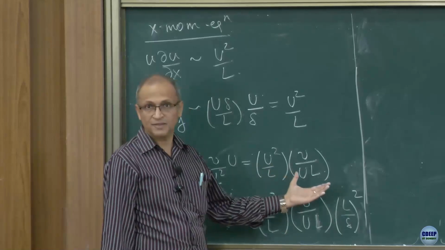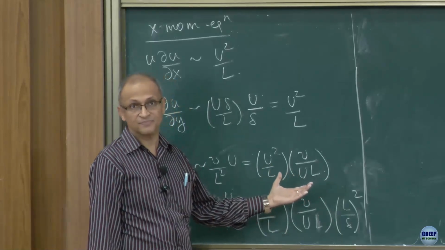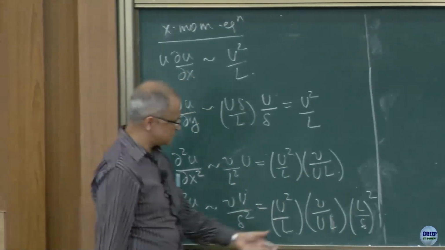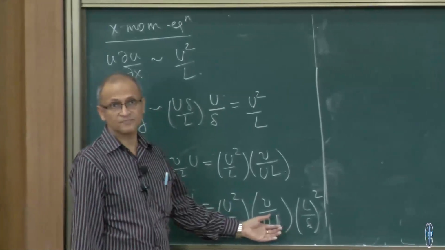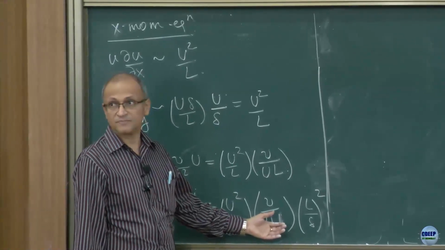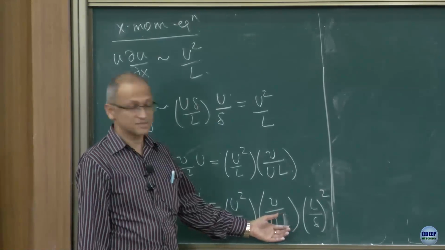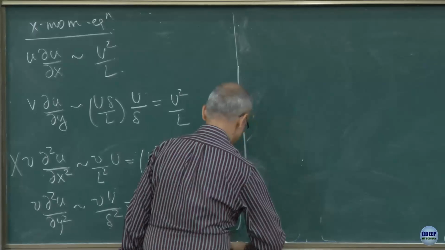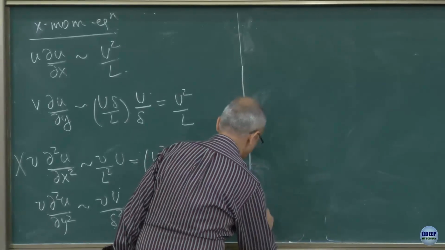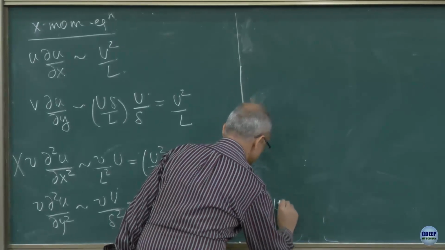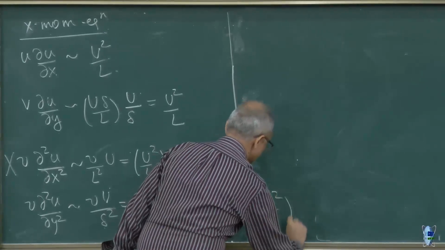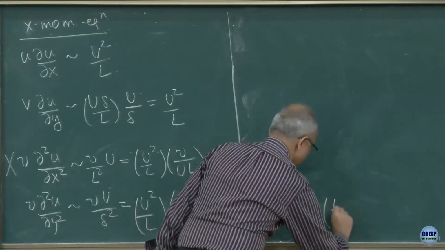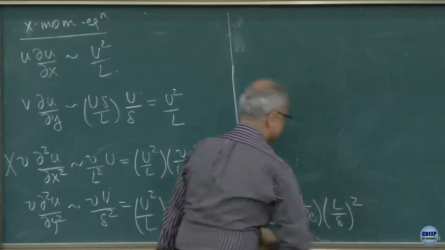So this term we can neglect, correct? Now what about this term? This term is equal to U square upon L times 1 upon Re multiplied by L square upon delta square.